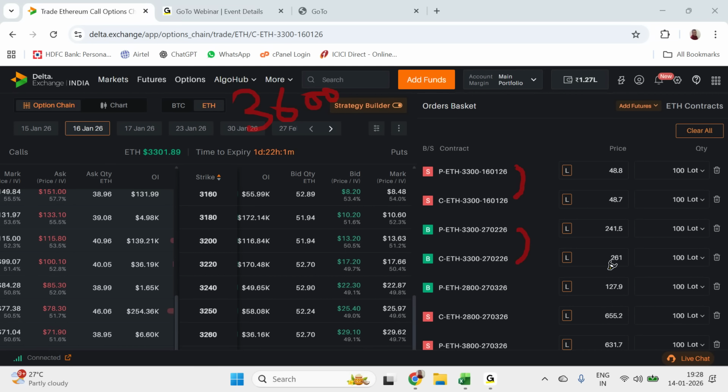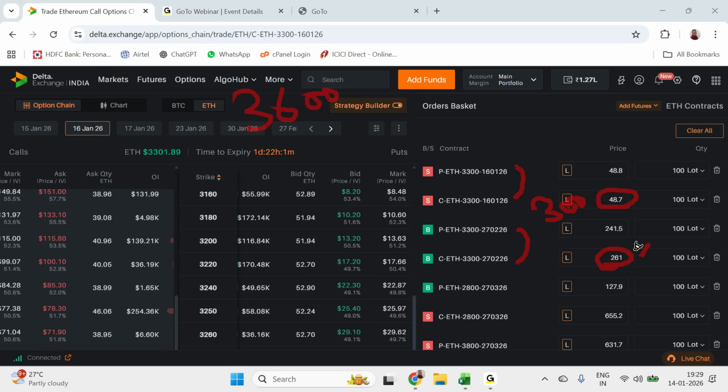This call option which is having almost 260 rupees will decay by 60-70%. And this call option which has only 48 theta will also be trading at 300, 320, 350, something like that.